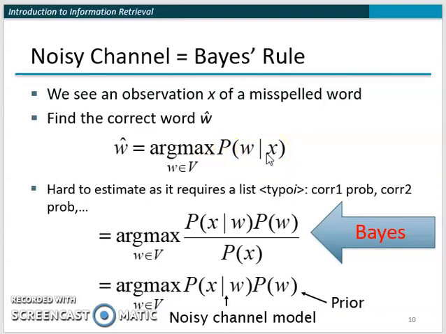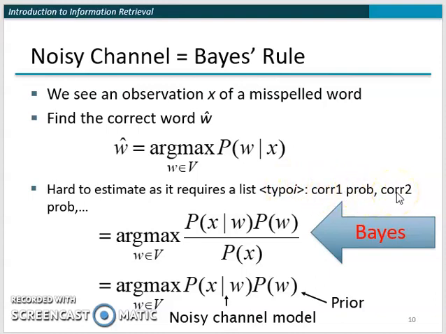So I want you to think about how we can estimate these probabilities. What kind of data set do we need to train these probabilities? We actually require a data set of this type. This is a typo, that is the spelling mistake, this is the first correction for this typo, and this is its probability.